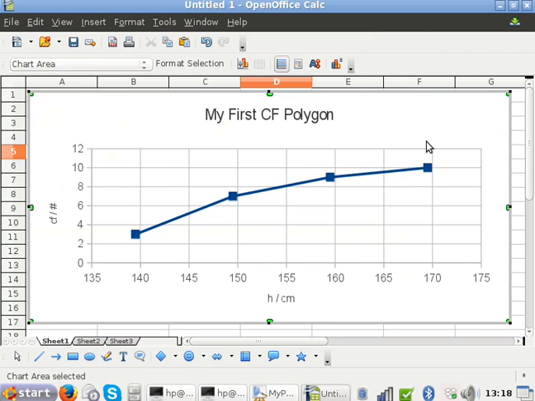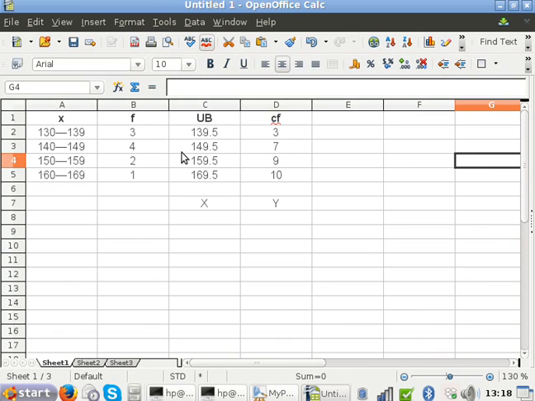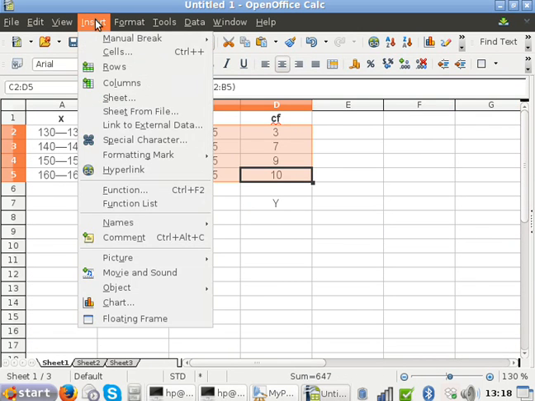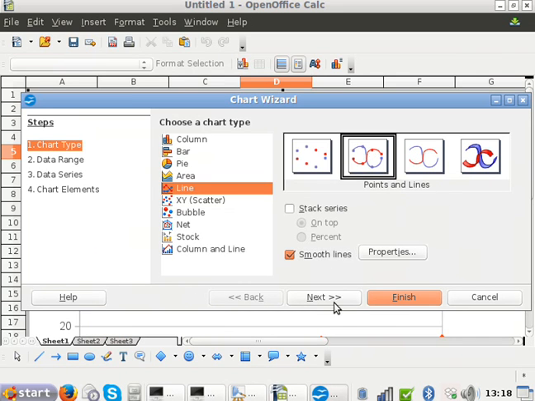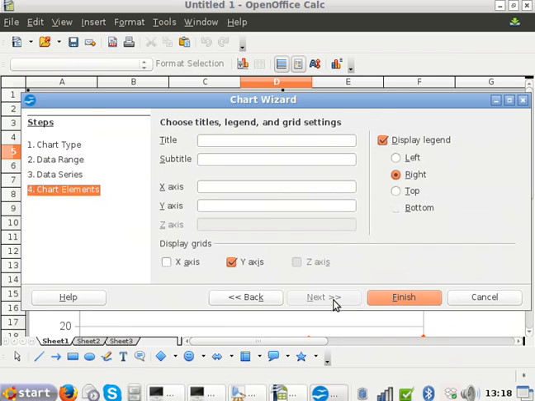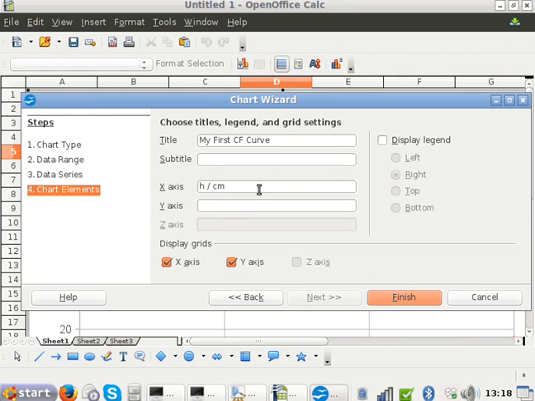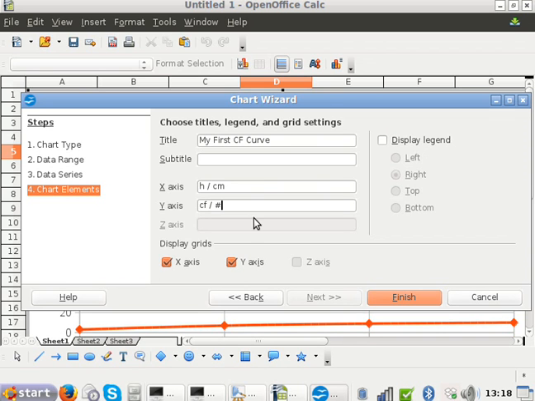Yeah, I'm going to do it now, and I'm going to do it as the curve. Curve. And again, its height in centimeters and its cumulative frequency and its count.